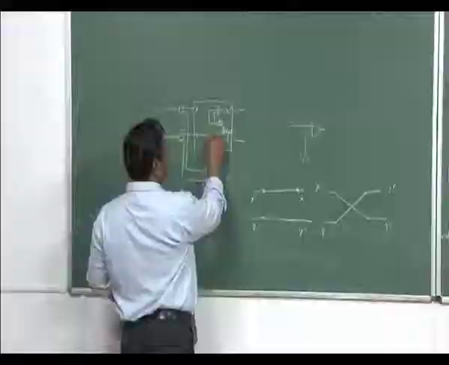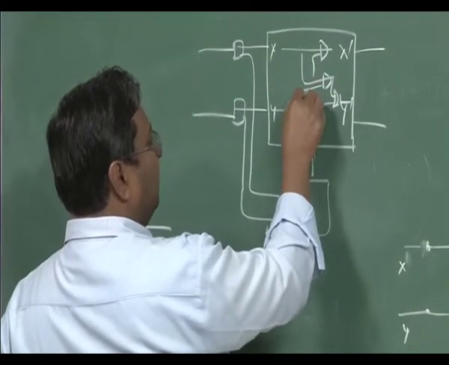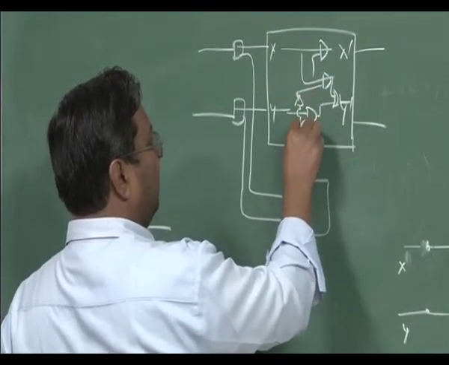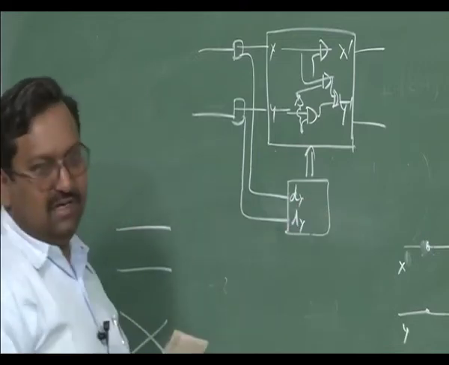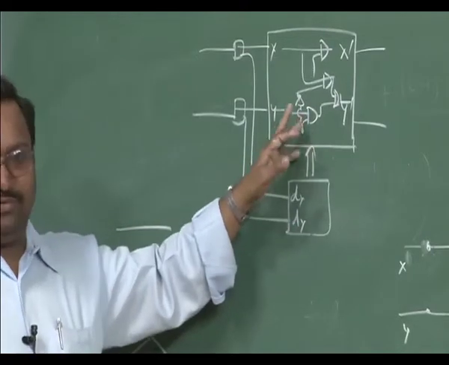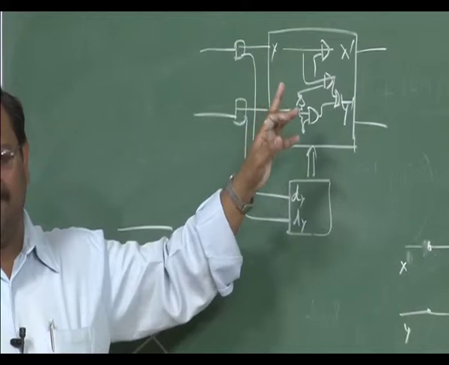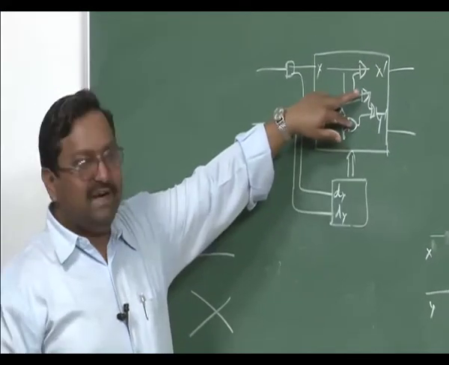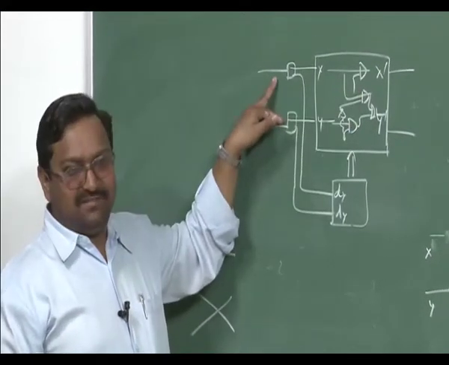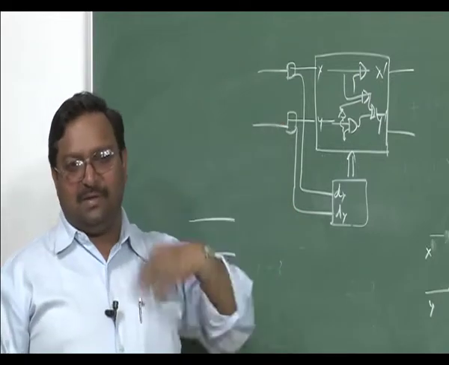Similarly from here there is going to be one gate, something like this. If you put a NOT, there is a problem, because both of them cannot be switched off simultaneously. Sometimes both might have to be switched off if there is a contention, because you are dropping that packet, so that packet will be lost.